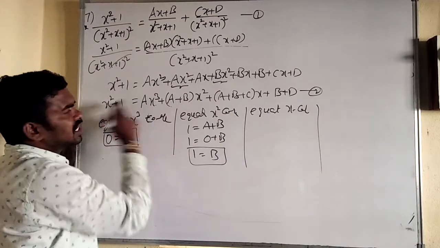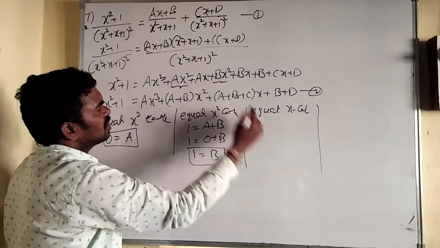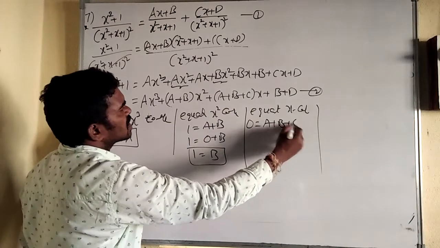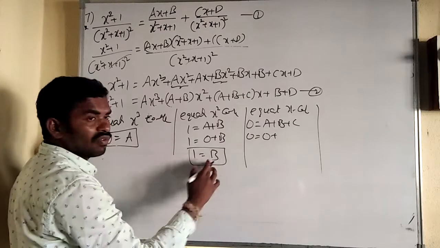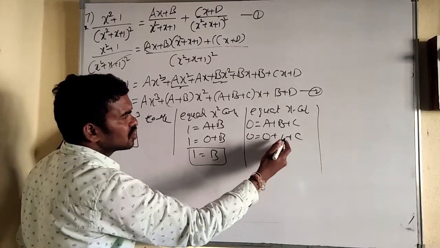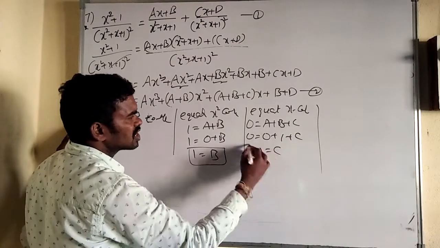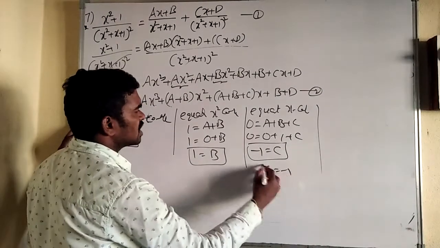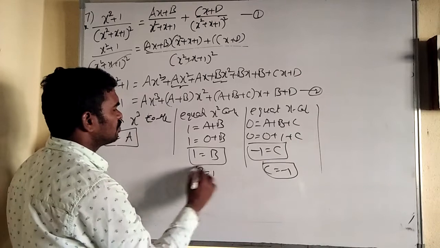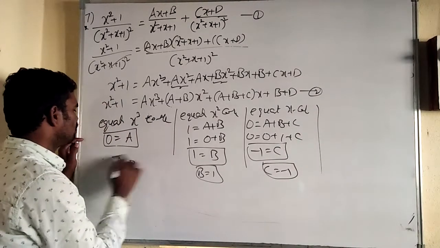Here x coefficient nothing. So 0 equal. Here x coefficient a plus b plus c. So 0 equal to a value 0 plus b value 1 plus c means c. So plus 1 send left, it becomes minus 1 equal to c. So c value we got it minus 1. Okay, c equal to minus 1 and b equal to 1, a equal to 0.